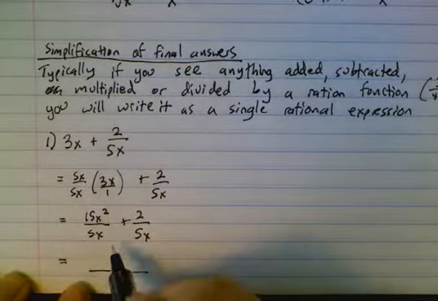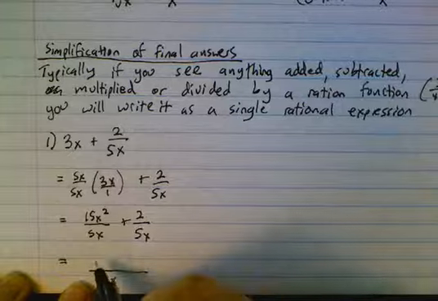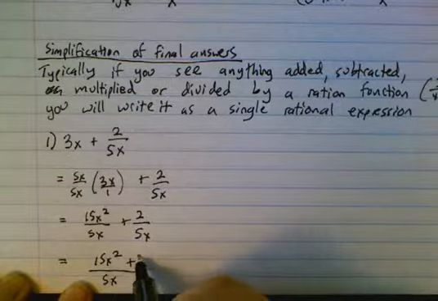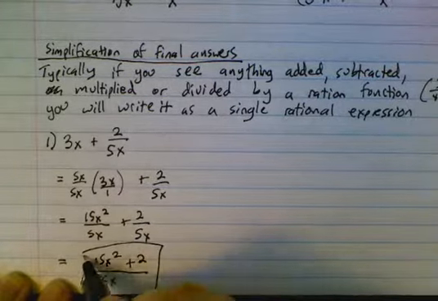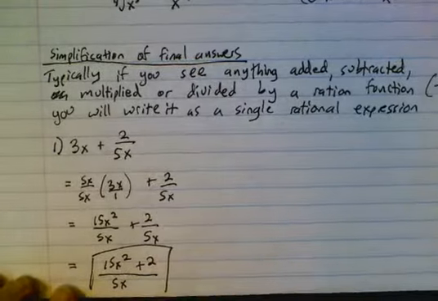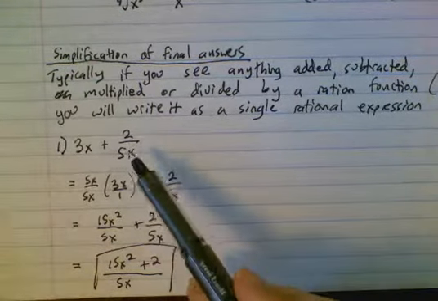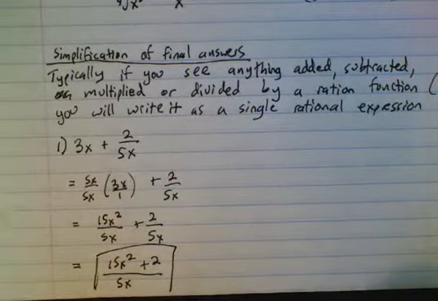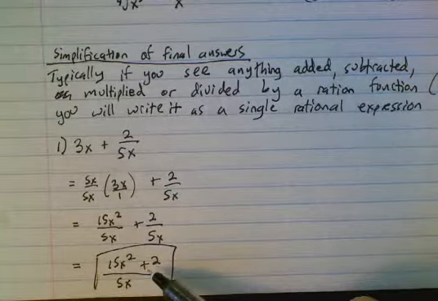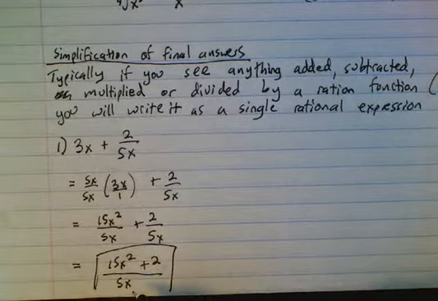And now we can add the numerators. Again, this is not a wrong way to leave it, but when you're doing multiple choice answers for AP tests, it's generally going to be written in this form, and you need to be able to get from here to here.